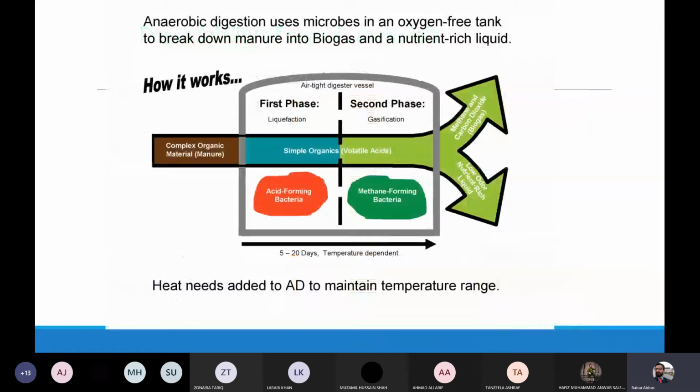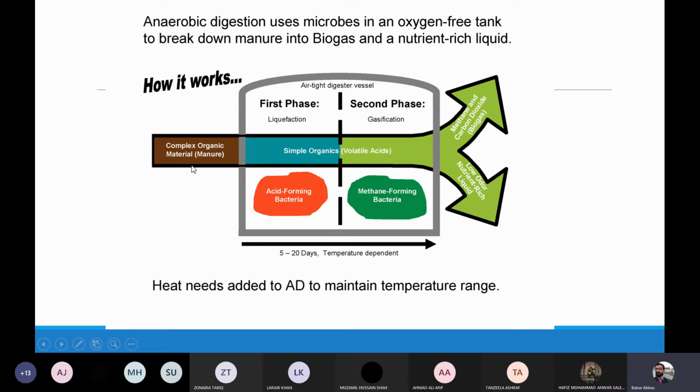If we are talking about this figure and the processes and the stages or phases of different processes which are being conducted in this airtight digester vessel, then we must know what kind of complex organic material can be added into this reactor for optimizing this time period and the temperature and the other factors.